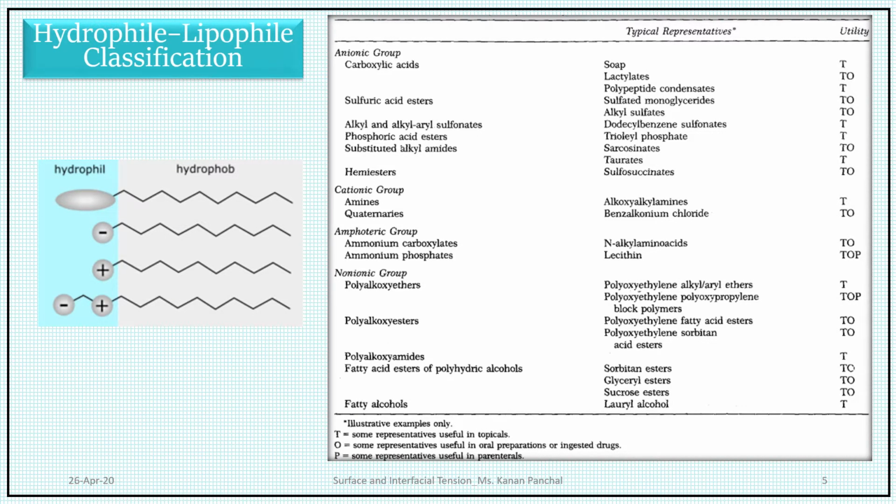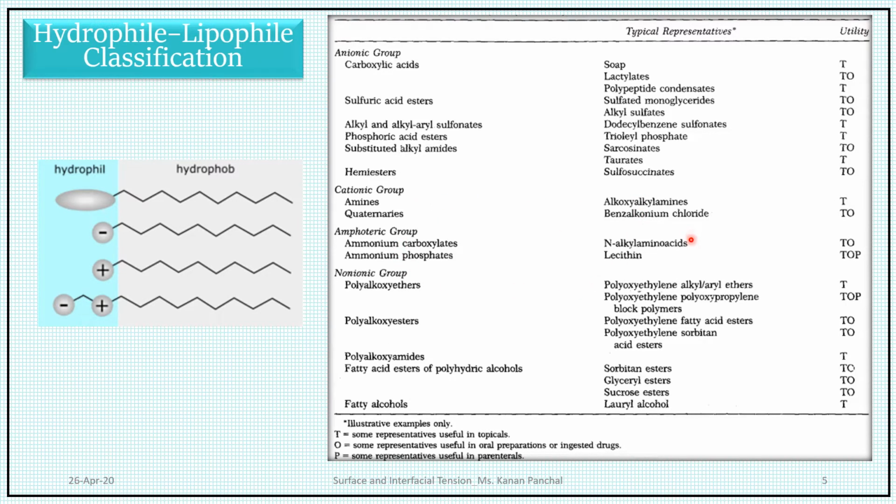Now, based on the nature of the hydrophilic region, as I earlier said, they are classified as anionic, cationic, non-ionic, and amphoteric. These are some typical examples of surfactants belonging to these categories. Now, please take a note that not all of these surfactants can be used parenterally because anionic and cationic surfactants usually have a lot of irritant action.